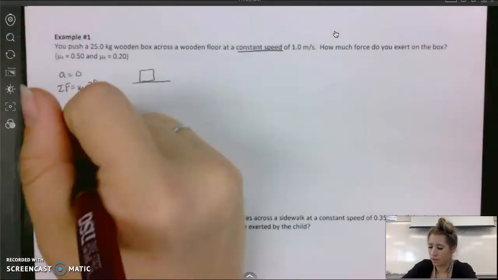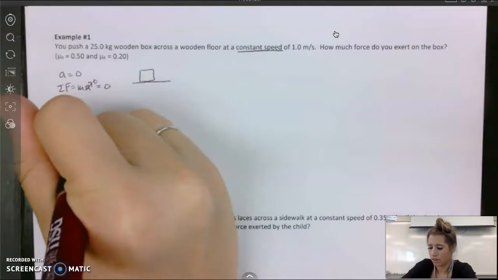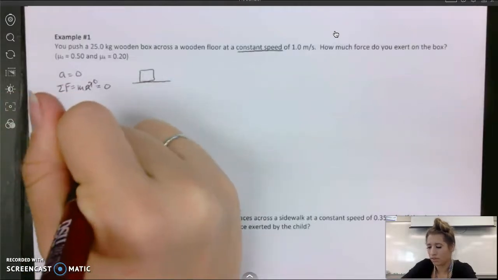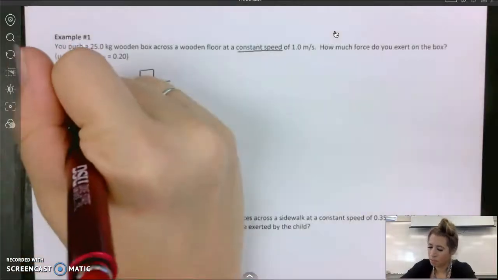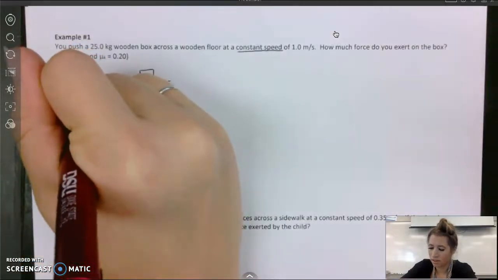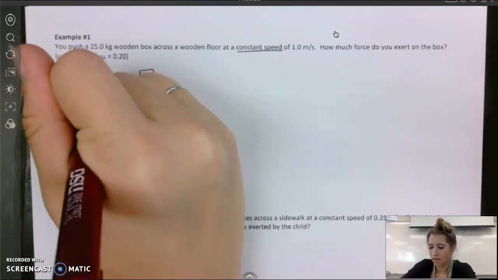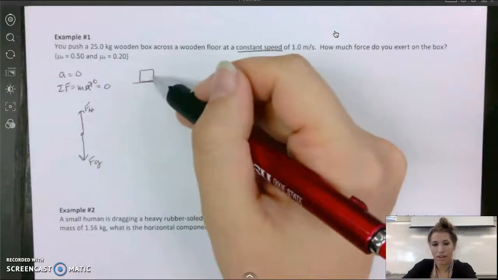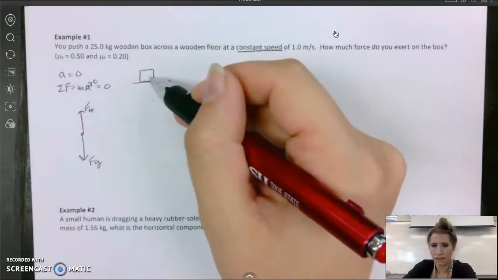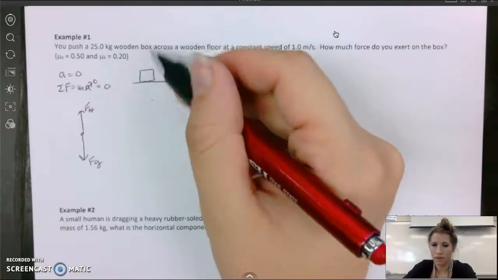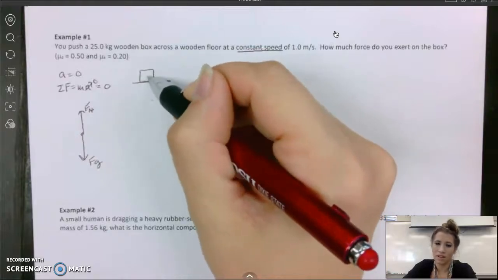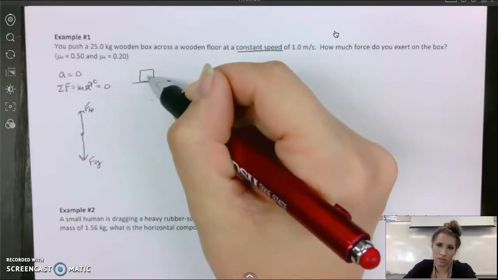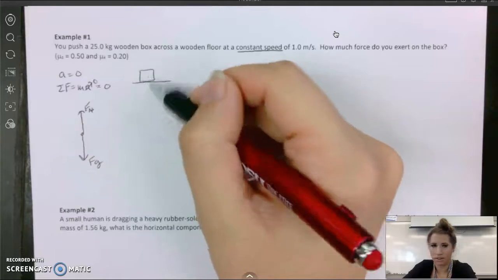If I were to draw a free body diagram of this, I'd have a force due to gravity, and a normal force because that box is not accelerating in the y direction. It's not sinking into the table and it's not lifting off of the table. Its velocity is constant in the y direction.